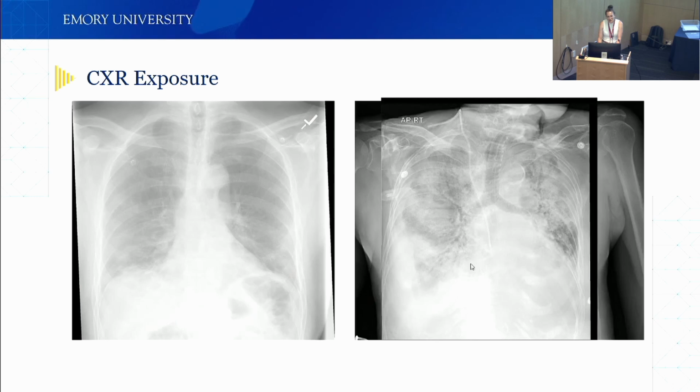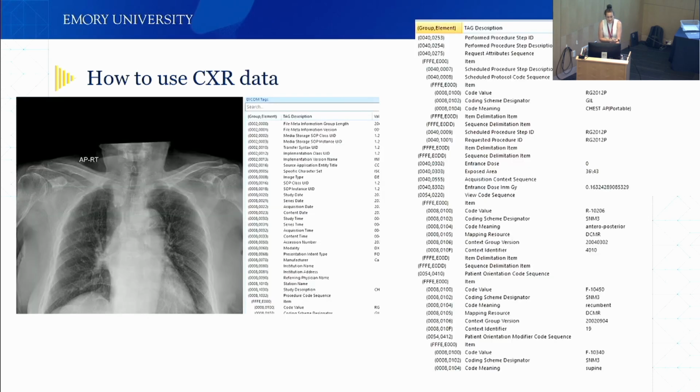This is an abnormal x-ray, but it has very similar densities to an overexposed x-ray. So if this accidentally ends up in your data set, and you're detecting consolidations or pneumonia, this is going to end up positive just because it has very similar contrast and intensities as a very, very diseased patient. So you might not want to use your over or underexposed x-rays.